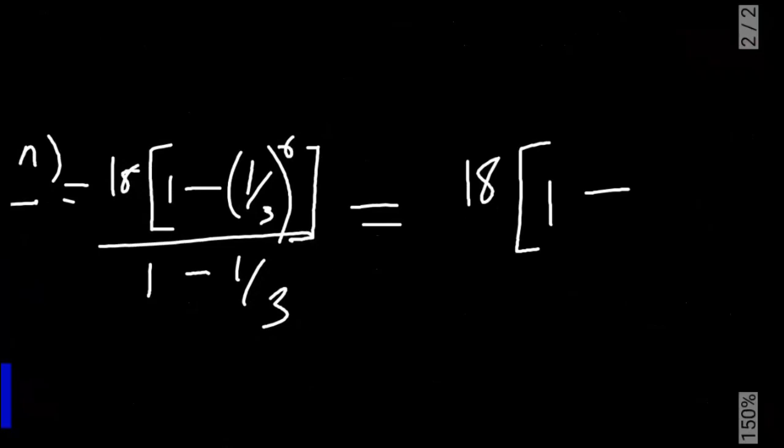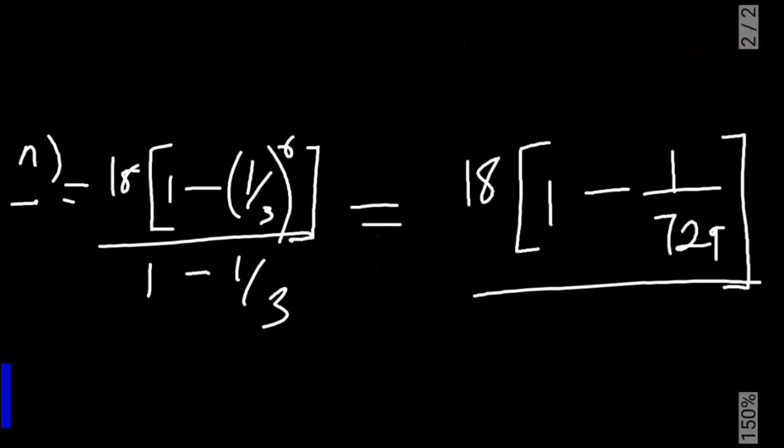We have 1 over 729 over 1 minus 1 over 3. Subtracted from 1, we have 2 over 3.